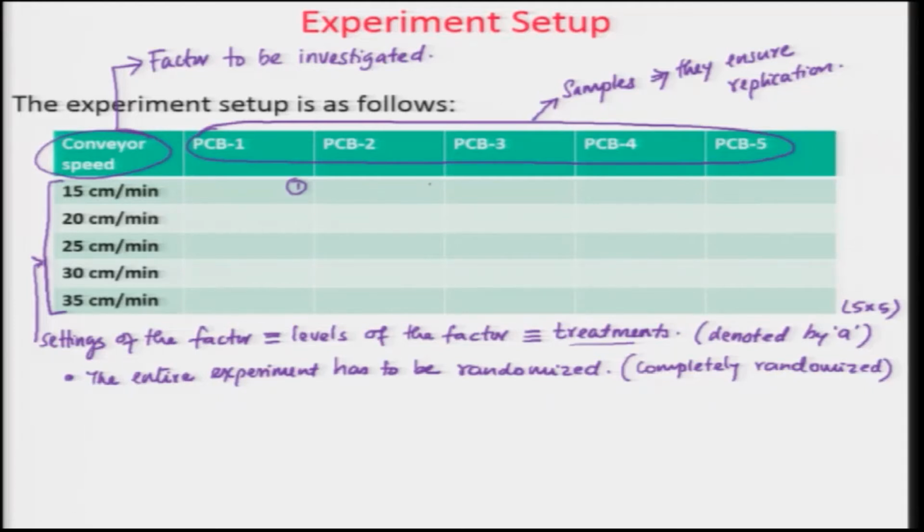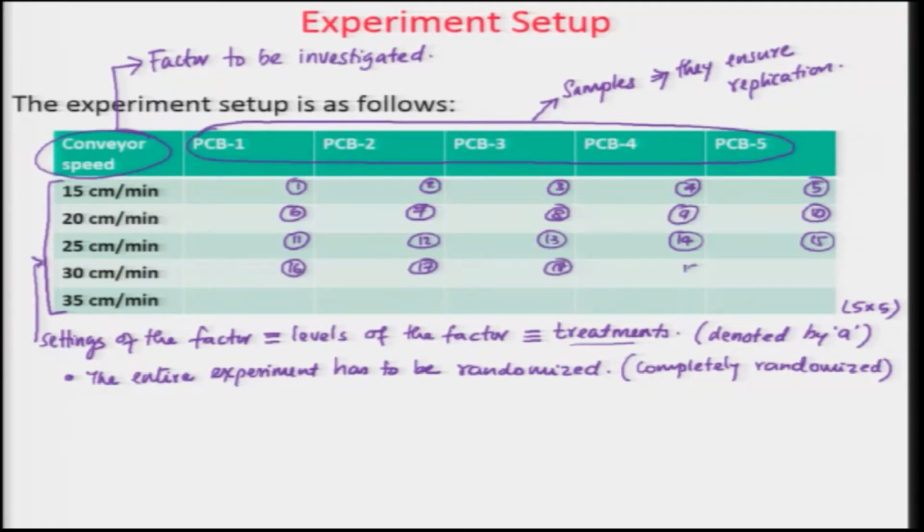So, let us take it as 1, 2, 3, 4, 5, 6, 7, 8, 9, 10, 11, 12, 13, 14, 15, 16, 17, 18, 19, 20, 21, 22, 23, 24, 25. So, I have 25 printed circuit boards with me, and each one of them I will assign a number from 1 to 25, right.